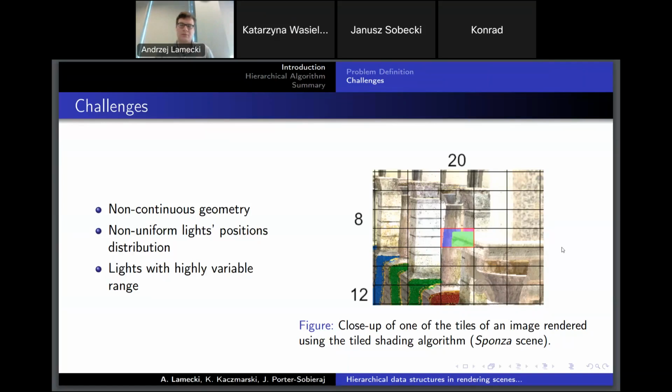However, the more cells we have, the more time we have to spend assigning lights to these cells. The other two related problems are non-uniform lights position distribution and lights with highly variable range, because the algorithms that I mentioned all assume uniform space distribution.